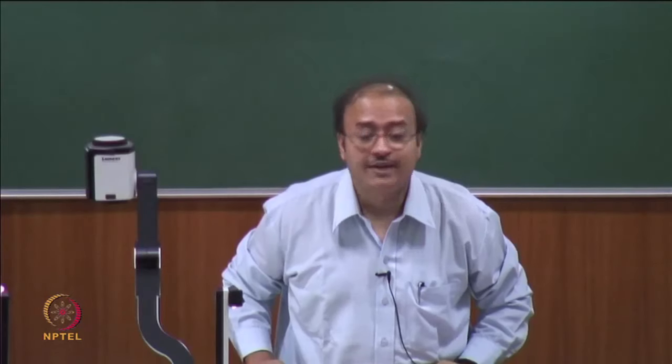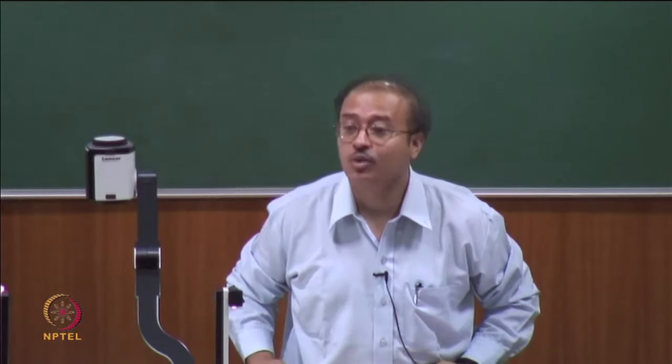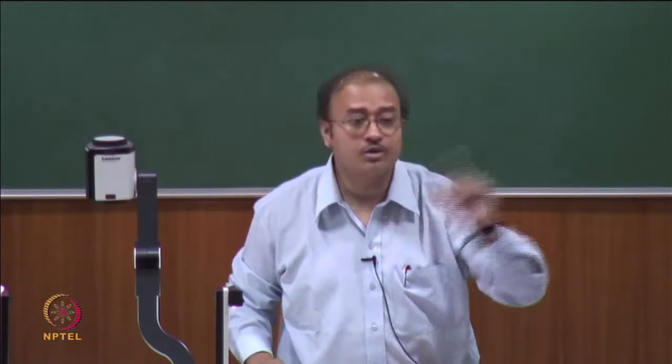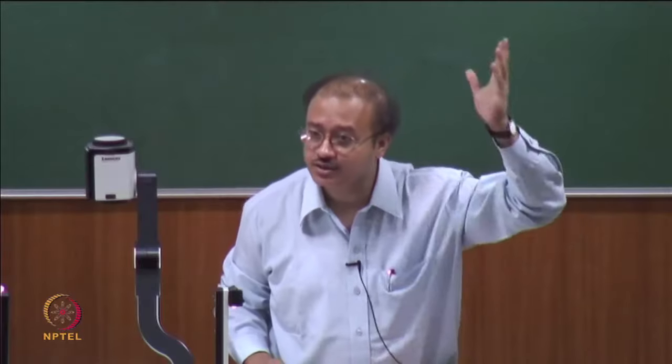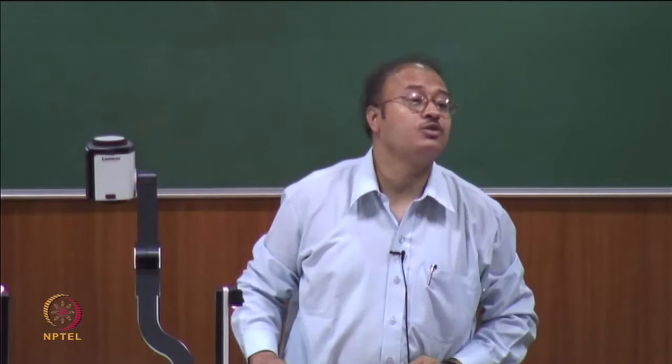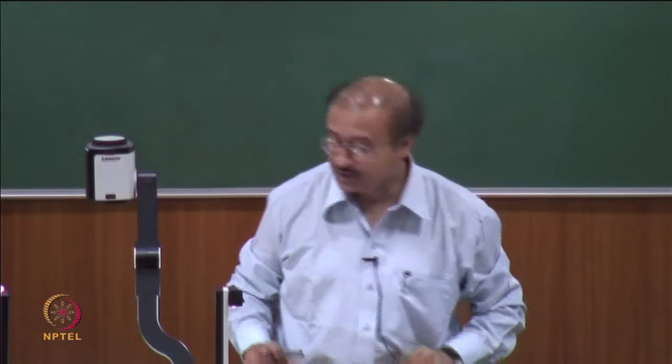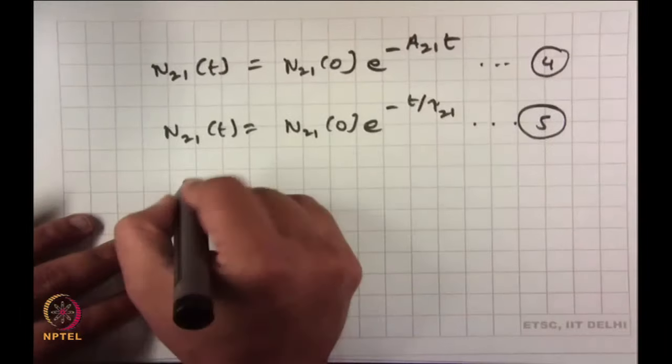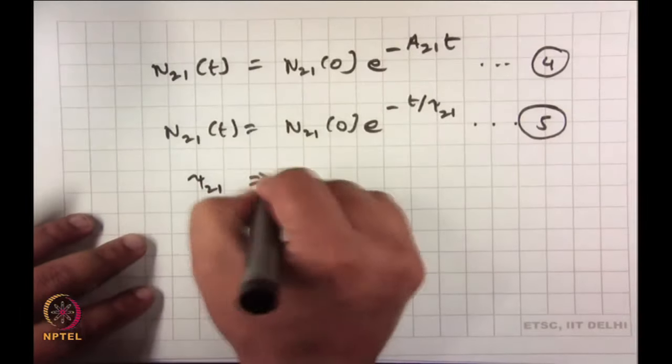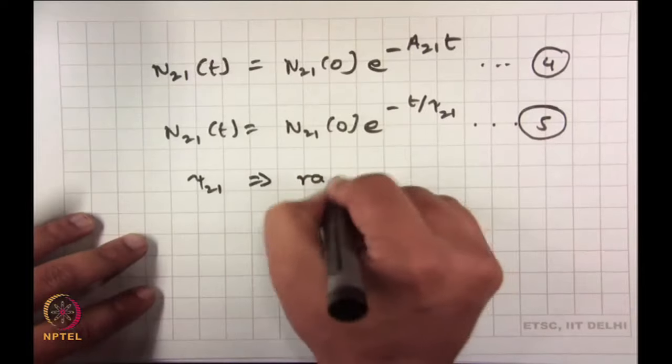Do you know what this lifetime, this tau, is known as? We had encountered this tau before, that was the relaxation time and all these things. But what is this tau known as?